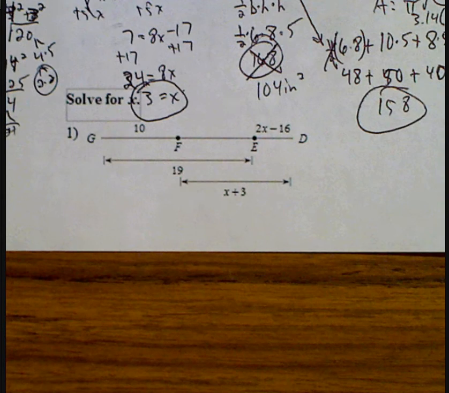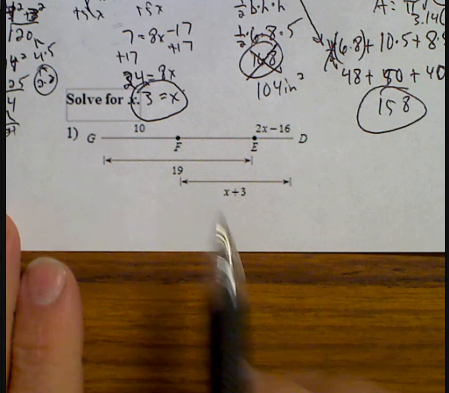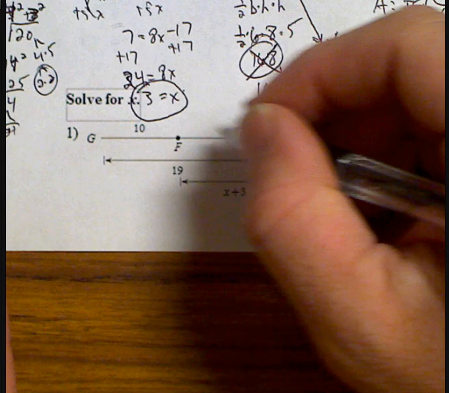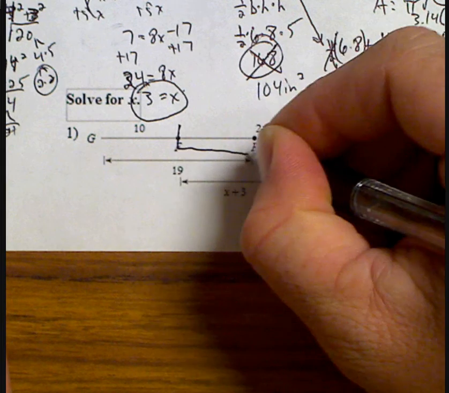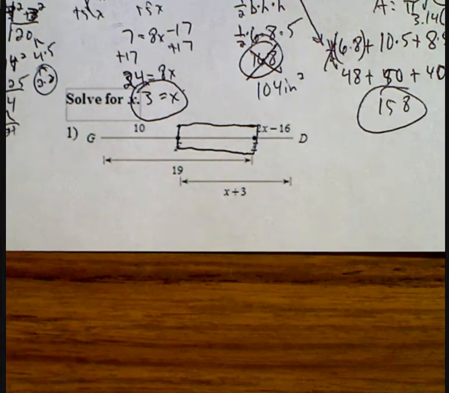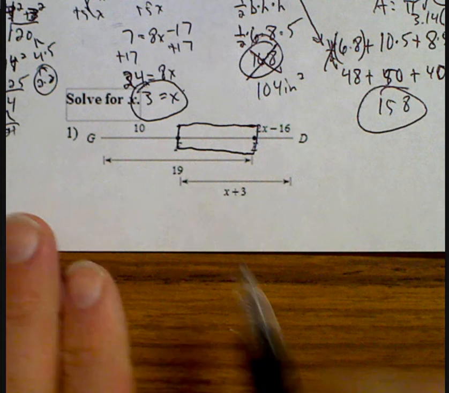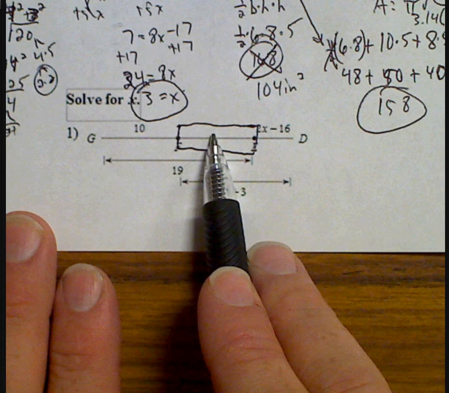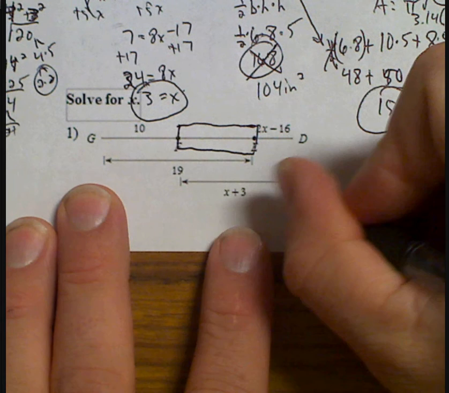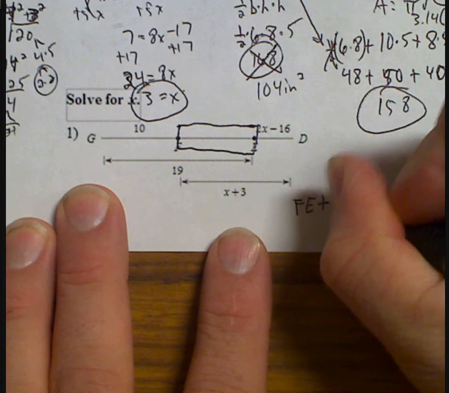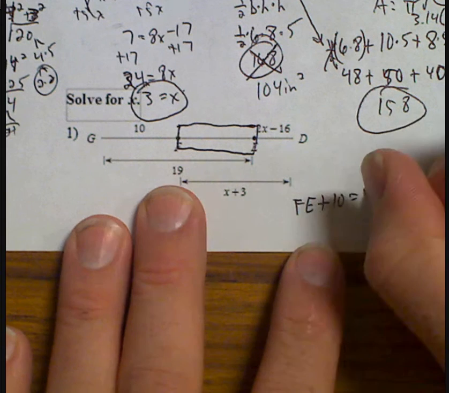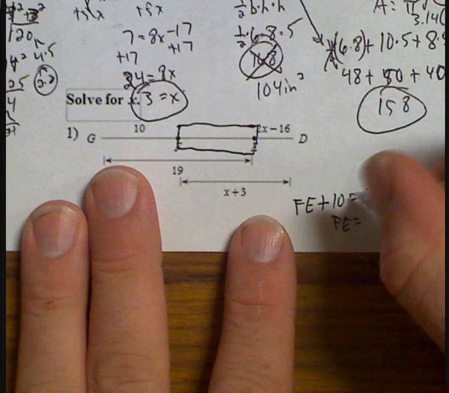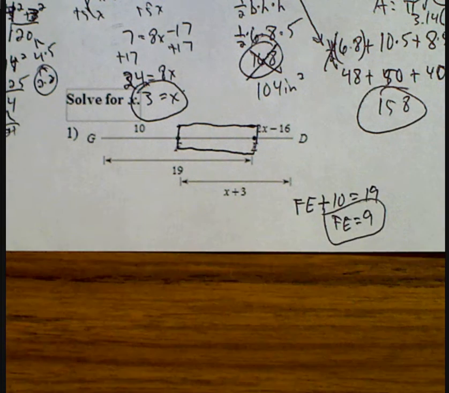Solve for x. What do these share? These share FE, so I actually have to find FE. FE plus 10 has to equal 19. So FE has to be 9.